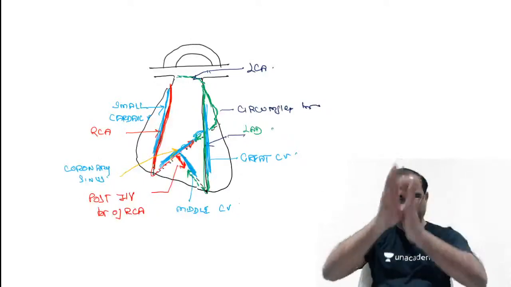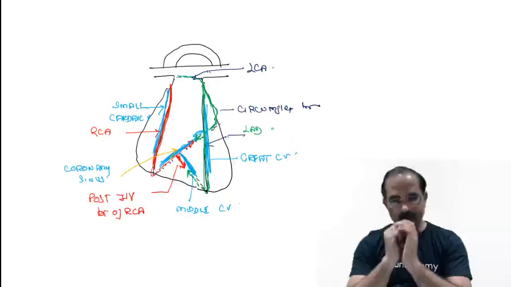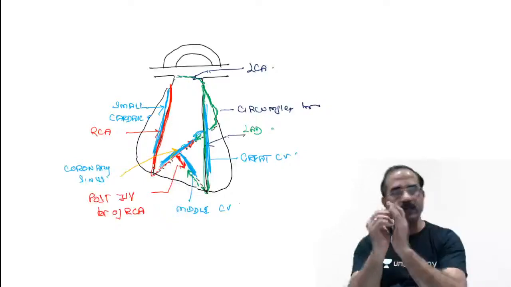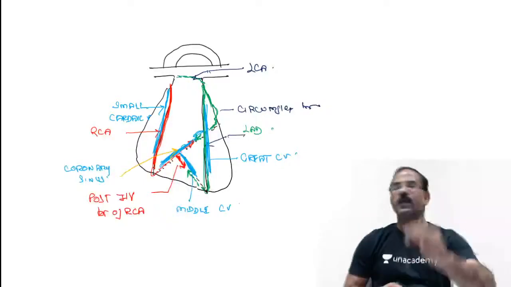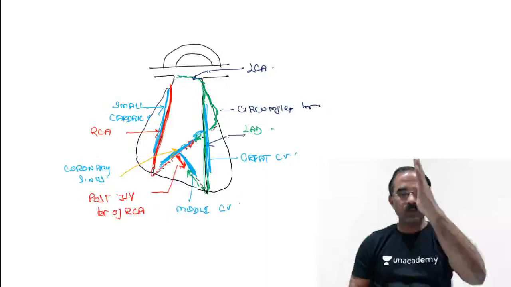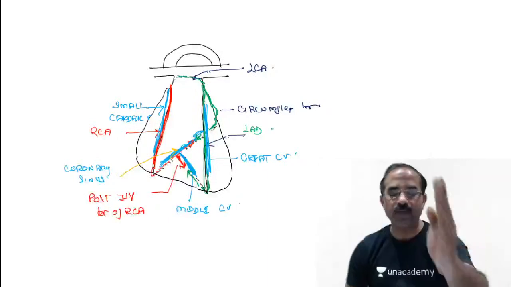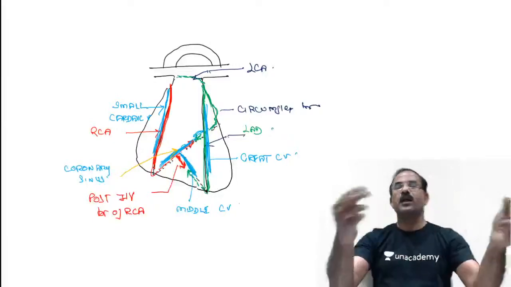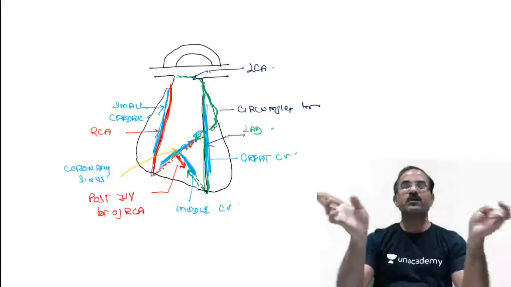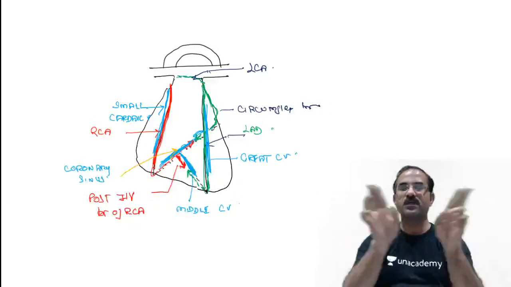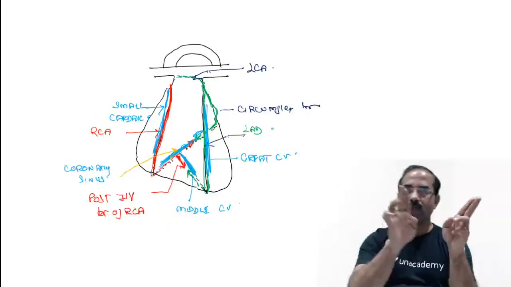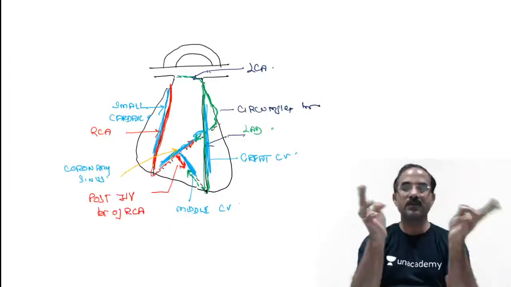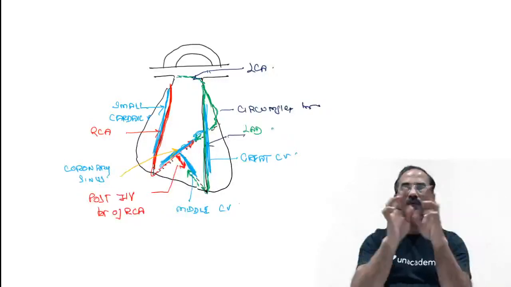In the anterior atrioventricular groove, the artery is the right coronary, the vein is the small cardiac vein. In the anterior interventricular groove, the artery is left anterior descending, the vein is the great cardiac vein. In the posterior atrioventricular groove, there's an anastomosis between the right coronary artery and the circumflex branch of left coronary artery.